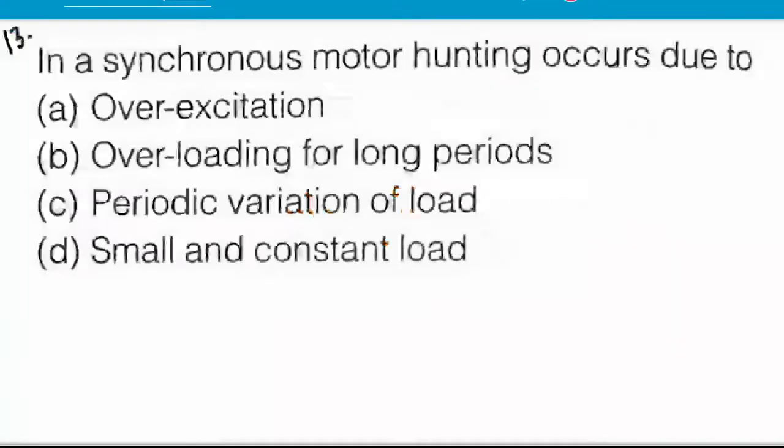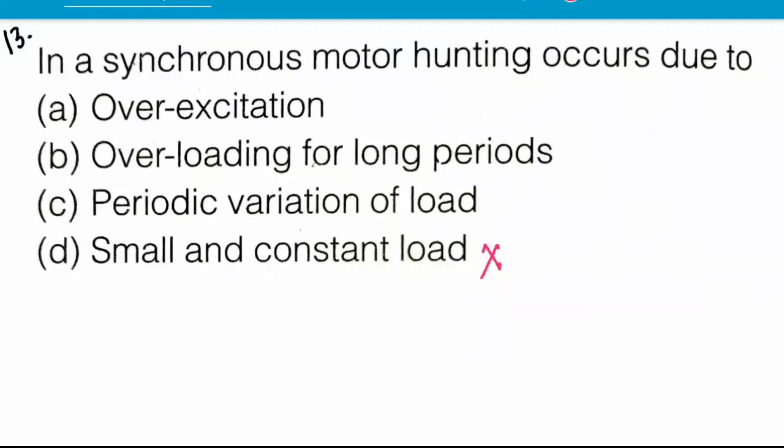Question number 13. In a synchronous motor, hunting occurs due to overexcitation, overloading for long period, periodic variation of load, or small and constant load. First, due to small and constant load there will be no hunting. Next is overloading for long periods.